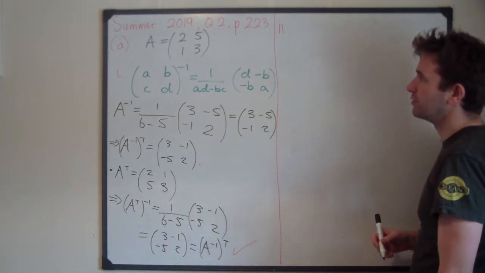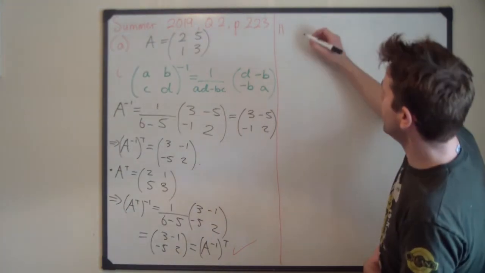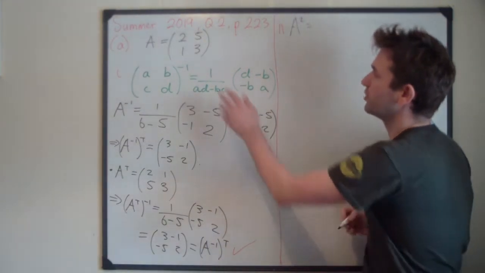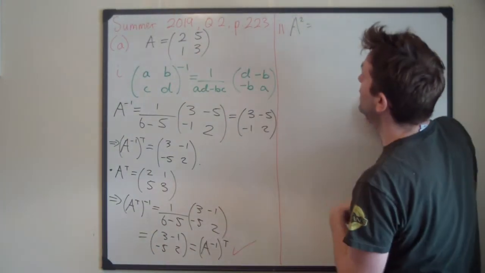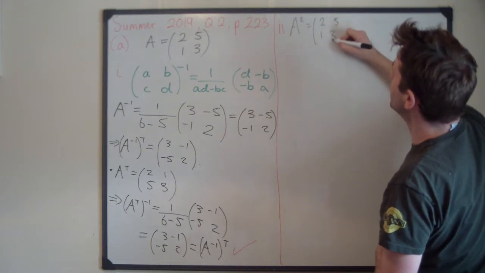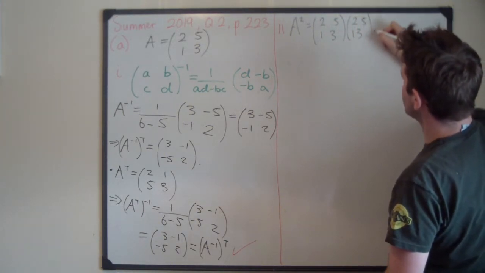Okay, so first of all, we're looking at A squared inverse, so we'll calculate A squared. Now, one thing to look out for is A squared doesn't mean put some 2's on these, it means A by A, which means 2, 5, 1, 3 by 2, 5, 1, 3.